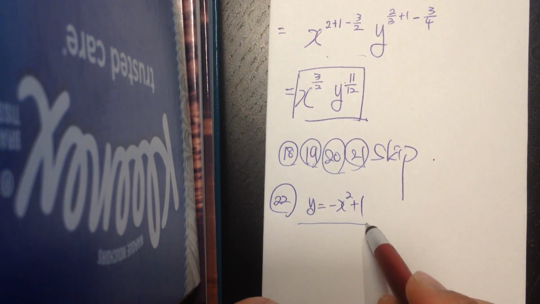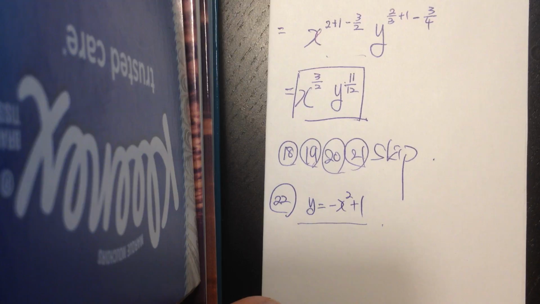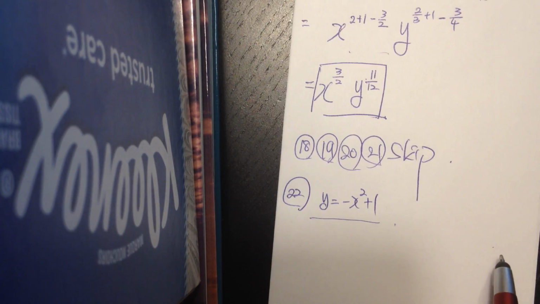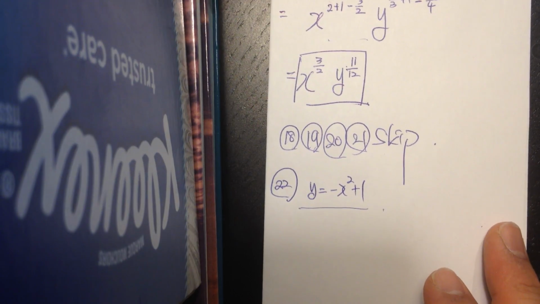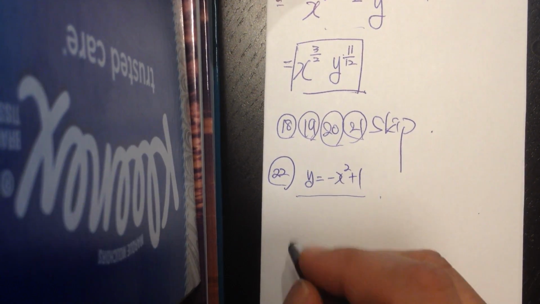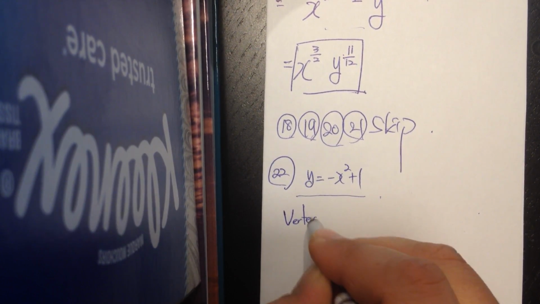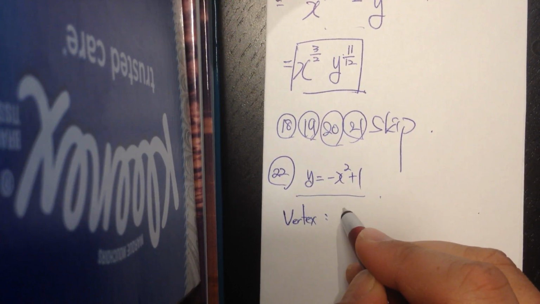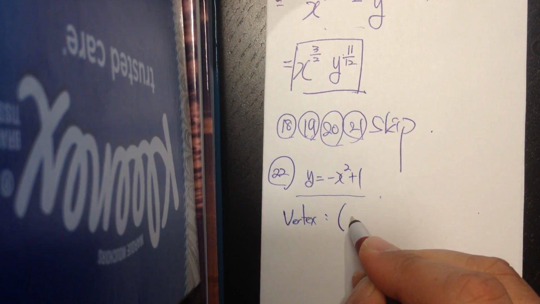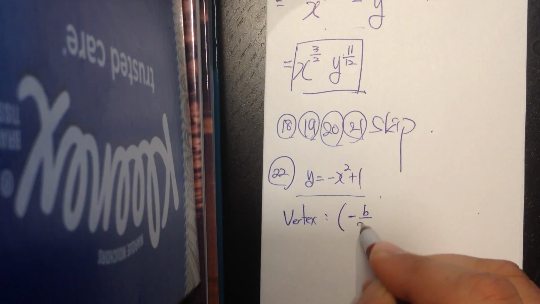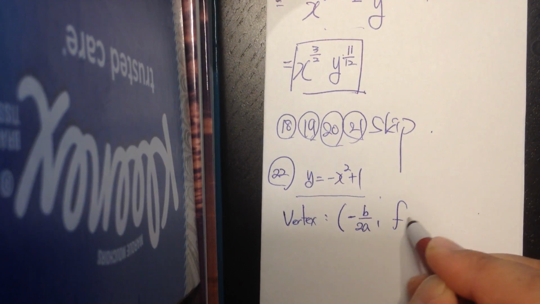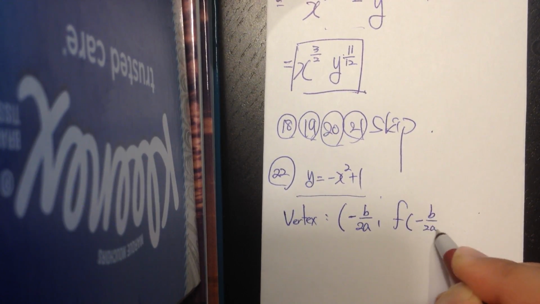Well, vertex. I don't know if you remember the vertex formula, but vertex simply is negative b over 2a, comma, f of negative b over 2a.